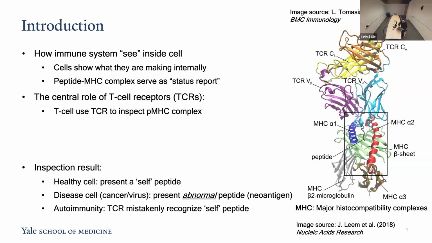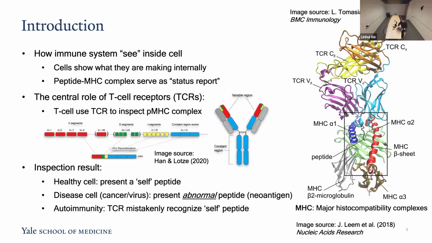On the right is what the T cell looks like at the molecular level. They are really reading the peptide, which is highlighted in this box, held by the MHC complex, and touched by the T-cell receptors.